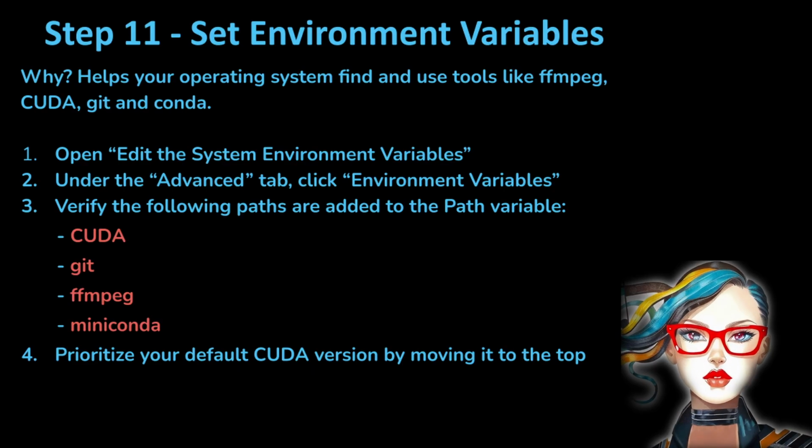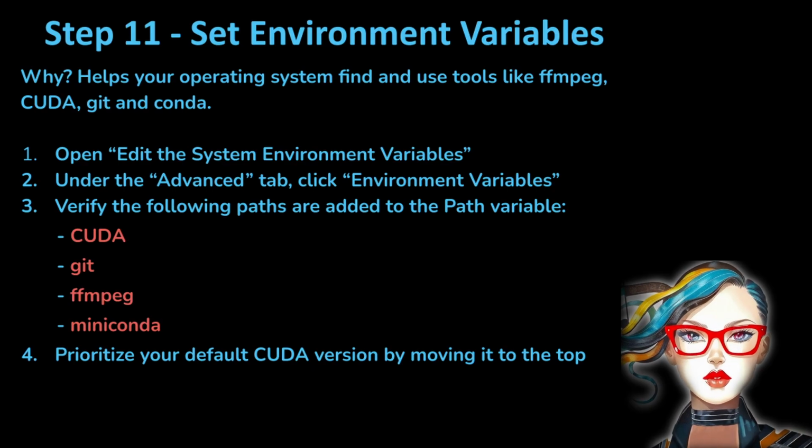Additionally, this is where we can switch between our default versions of CUDA. So if we want to change our default CUDA from 12.1, which it currently is, to 11.8, we can do so by changing the order of our environment variables. Your computer prioritizes environment variables from top to bottom.